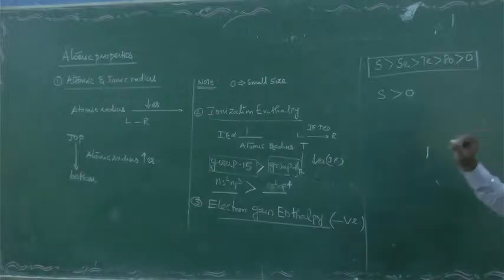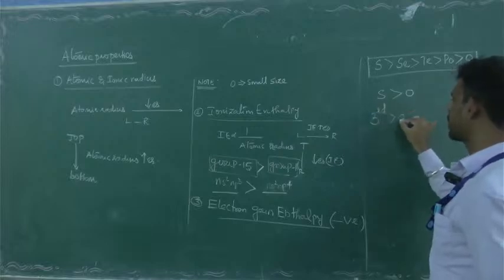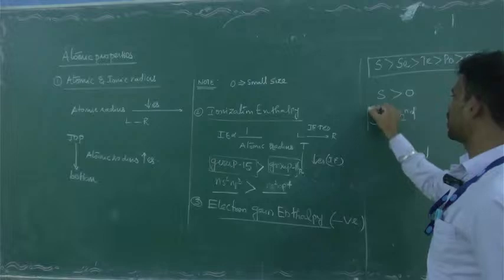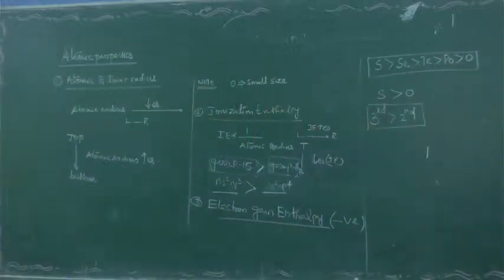We have discussed this in periodic properties. The electron gain enthalpy of third period elements is always very much more when compared to second period elements. Please note this point. Third period elements always have more electron gain enthalpy or more electron affinity.